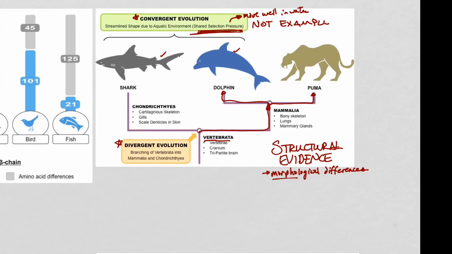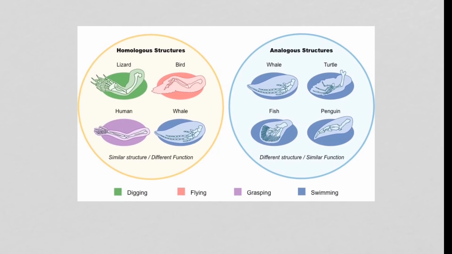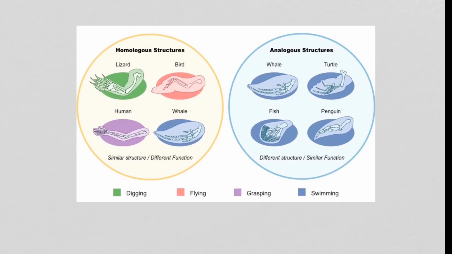And so when you're making a cladogram, you can't just use one characteristic. You need to go a little bit deeper, and you need to look at different things just to make a better decision about what kinds of things are related to each other and what kinds of things aren't. And this brings us, as a refresher, do you remember when we talked about homologous structures as evidence for evolution?